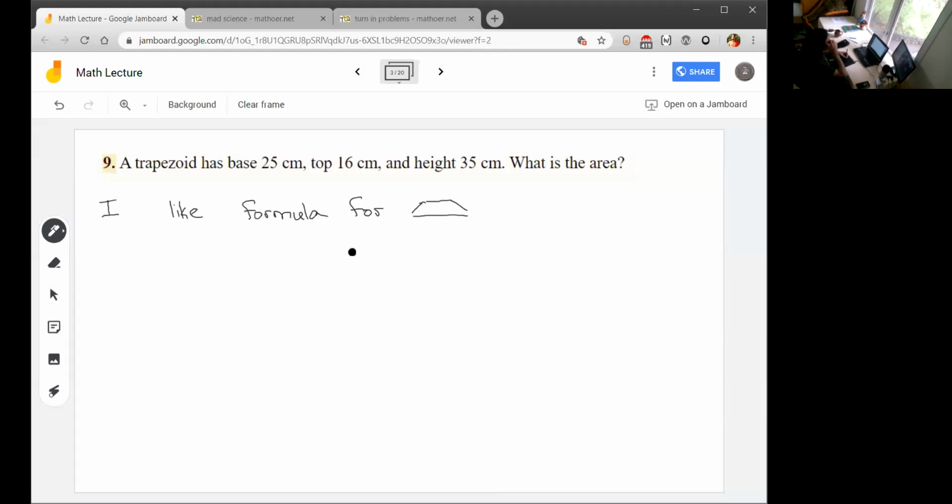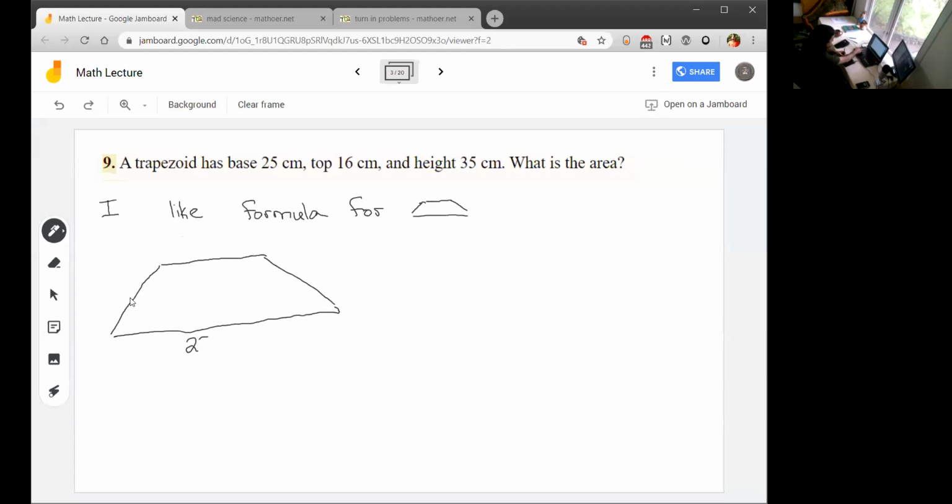Okay, so some people don't mind looking up the trapezoid formula in their notes. If you know that, then when you have a trapezoid with base 25, top 16, height 35... Oh, I drew mine wrong.